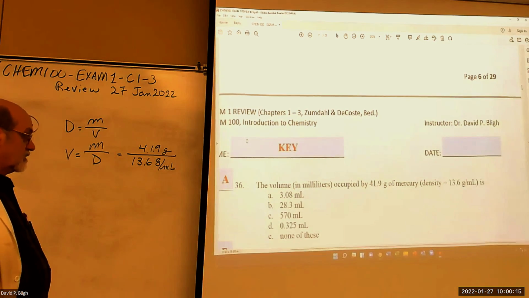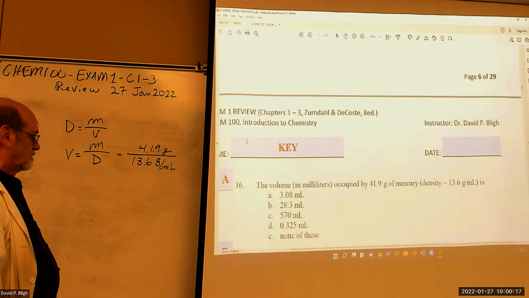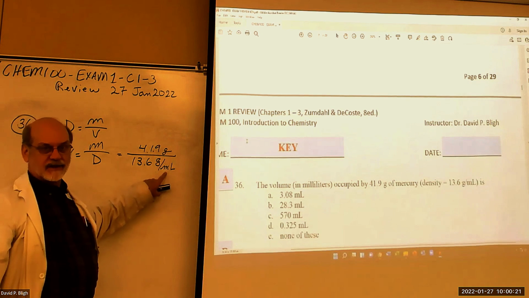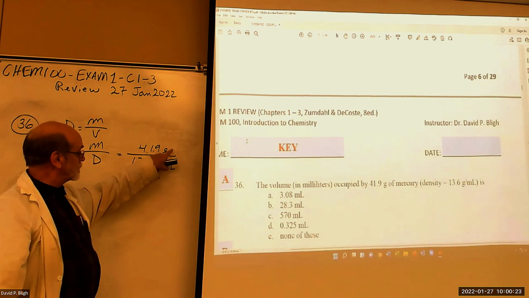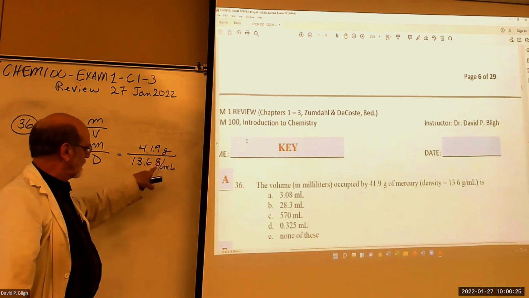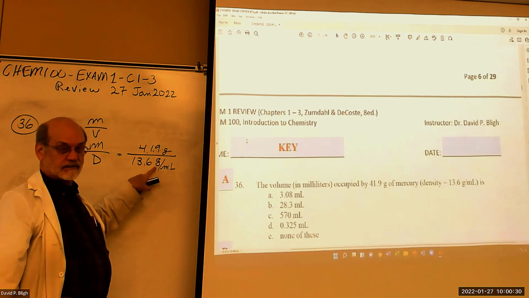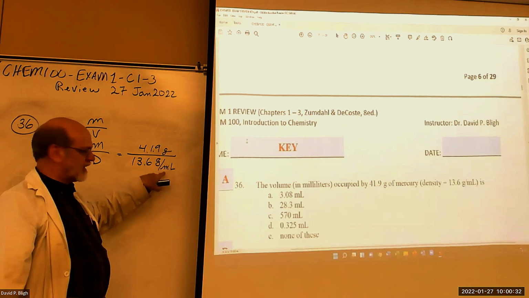Okay, so what's that going to do? Is it going to give us the right units? Well, yeah, there's the milliliters. And notice that this is in the numerator and this is in the denominator, so the grams cancel. But what about that milliliters?